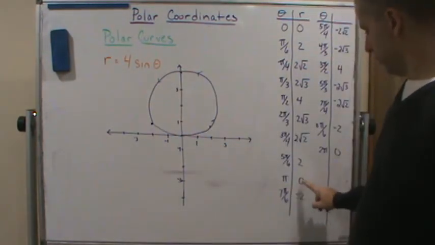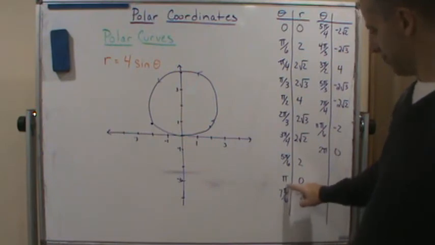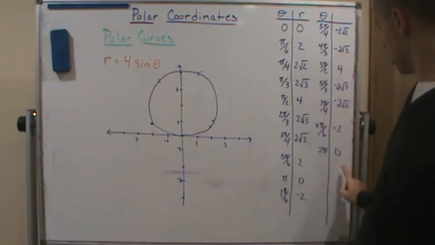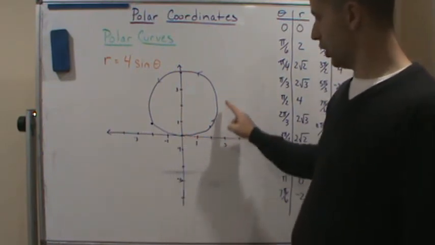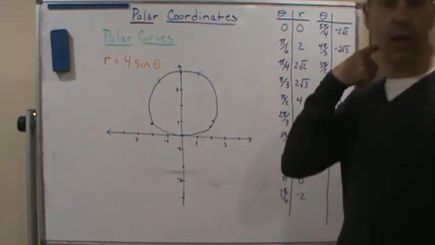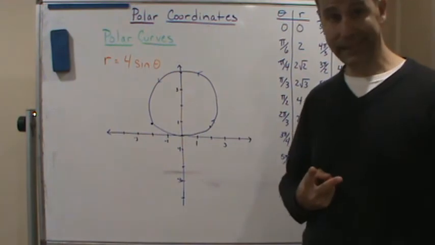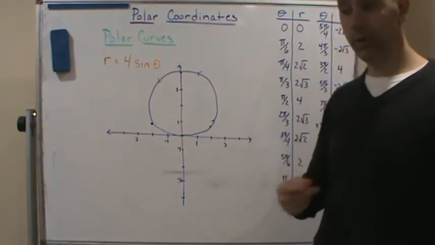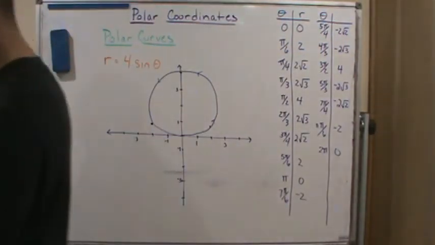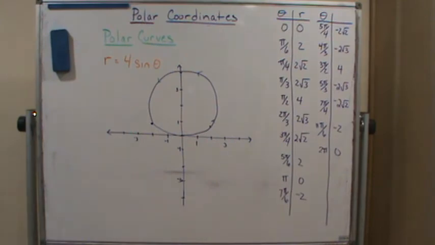And then from pi to 2 pi, it goes around the same circle. So it's tracing the curve twice, going from 0 to 2 pi. That's important to realize. So it is the graph of a circle.